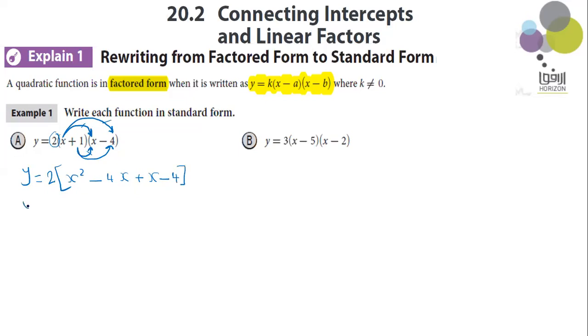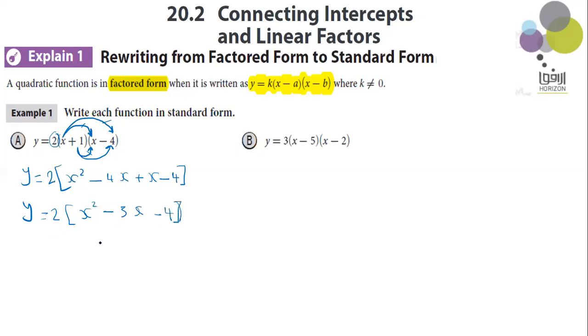We have to combine like algebraic terms. X squared, still the same. Negative 4x plus 1x, these two terms are like terms, so we have to combine them. Minus 4 plus 1 is minus 3x. Minus 4, still the same.